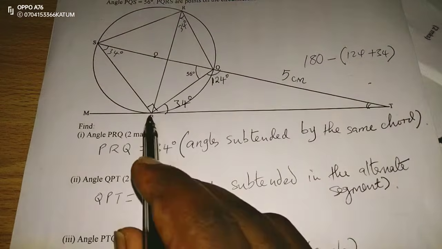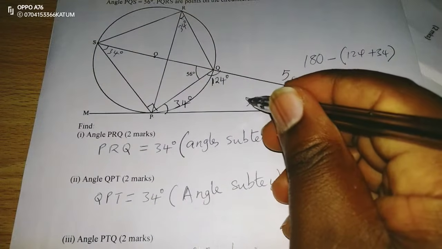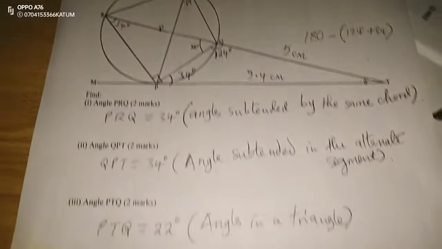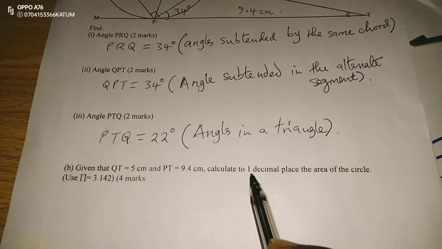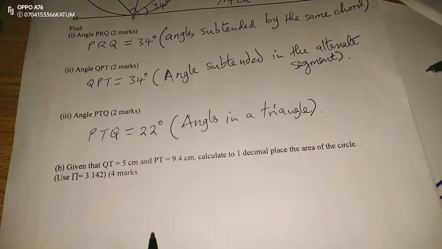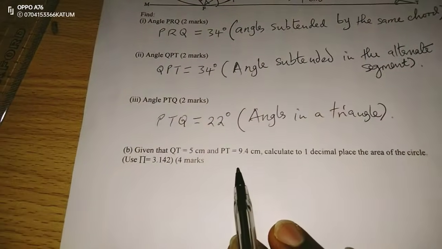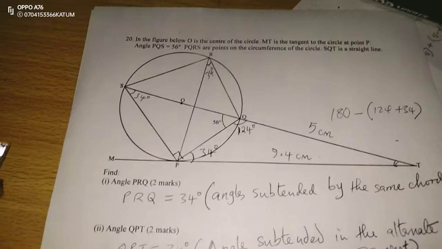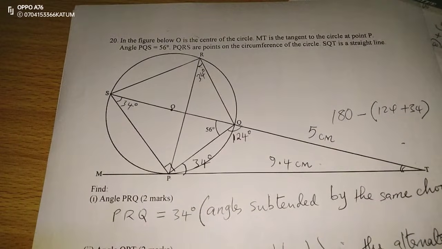So PT is this tangent, 9.4 centimeters. Calculate to 1 decimal place the area of the circle, then use pi as 3.142 for 4 marks. So what you're going to do here is to first get, we cannot get area of a circle until we get the radius, which might be calculated through first of all getting the diameter.